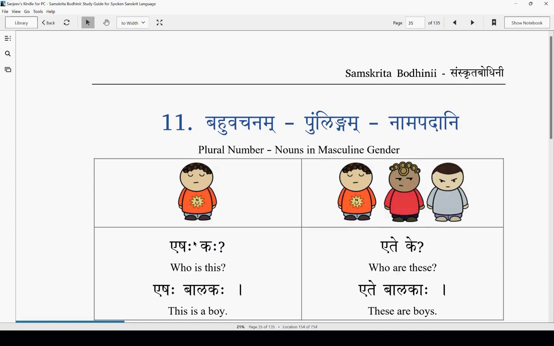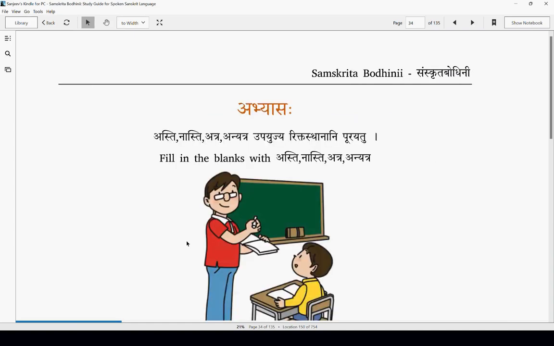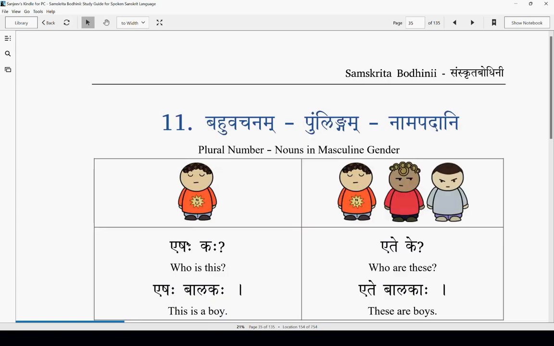Bhochanam pullingam namapadani. In the previous lesson, we have seen ekavachanam of pullinga, strilinga and napumsakalinga also. Parvatah, jalam, pustakam, kandukah, vimanam, javanika, utpithika, dichakrika, lekhani, ankani.